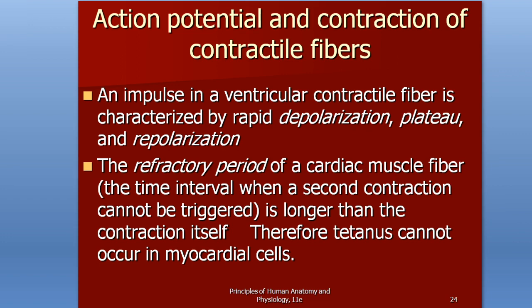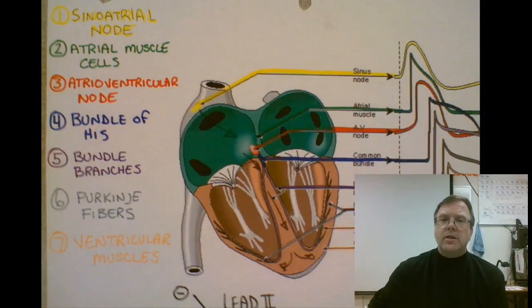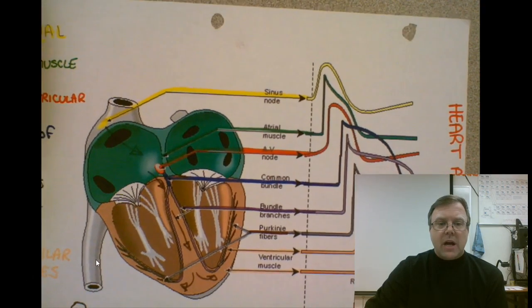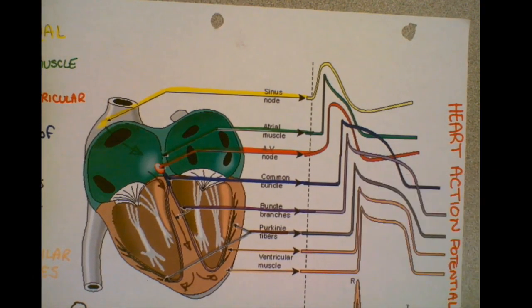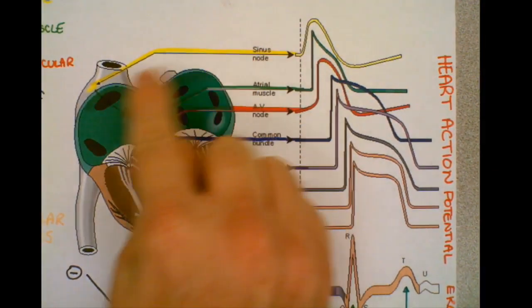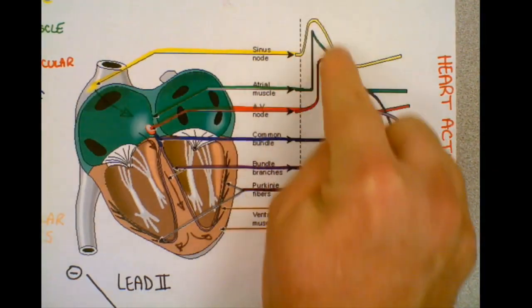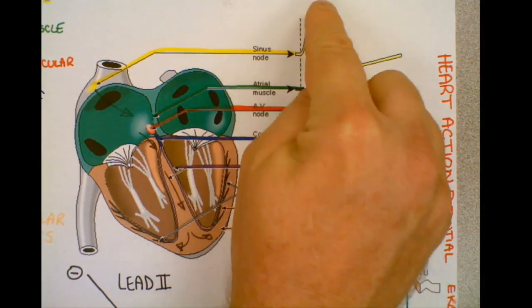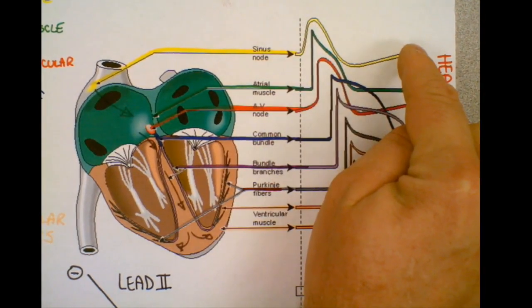And if we go back to chapter 10, if you remember, we've got an action potential that looks very much like our diagram at the top of Handout 20B. So the sinoatrial node is making a pretty typical action potential.